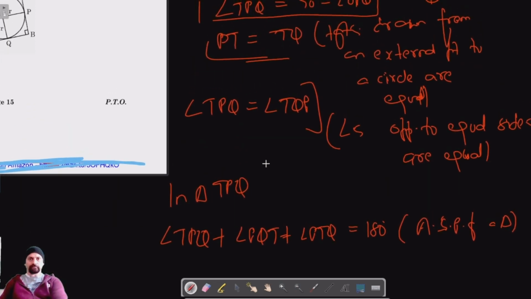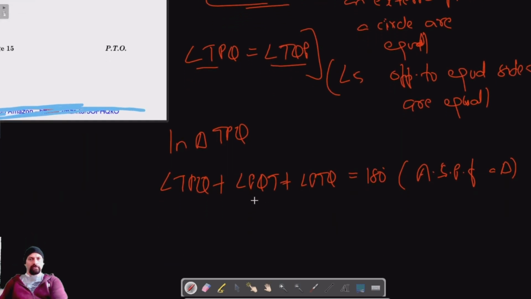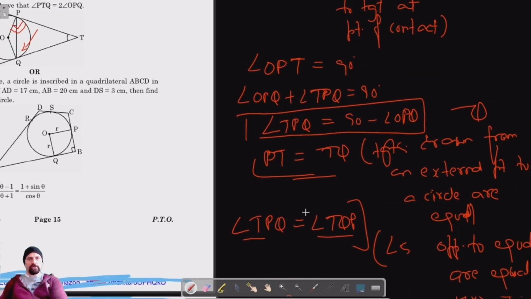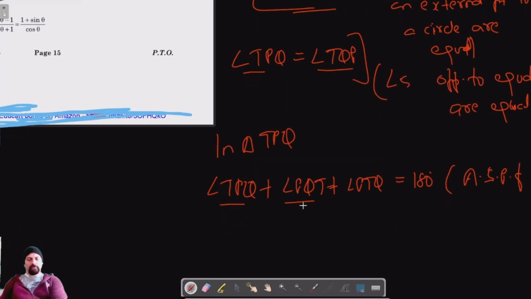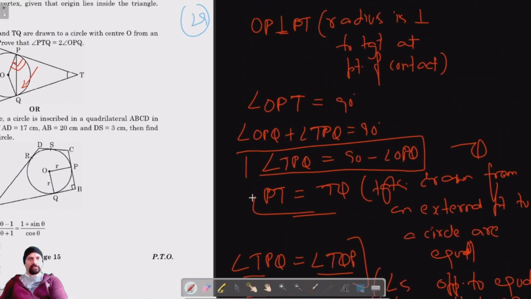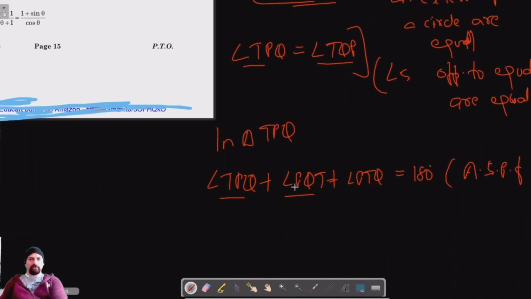Now TPQ and PQT are equal, so instead of PQT, I can write TPQ.